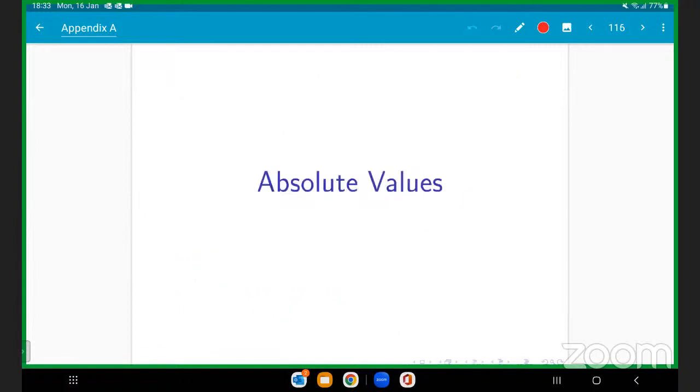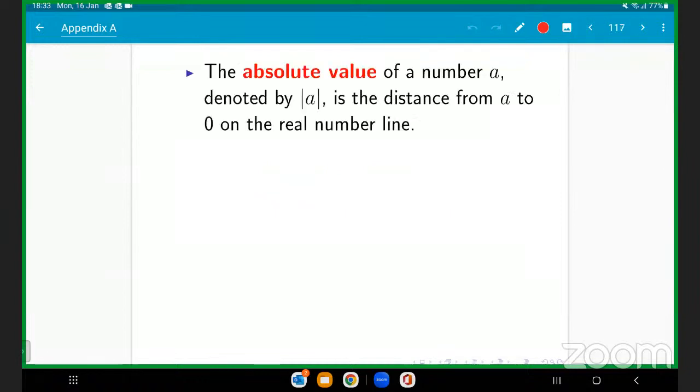Okay, let's move on to absolute values, and inequalities will play a big role in defining the absolute value as well as some rules associated to it. Now, the absolute value of a number A is denoted by these two bars on the left and right of that number, and it is simply the distance of the number to the number 0 on the number line.